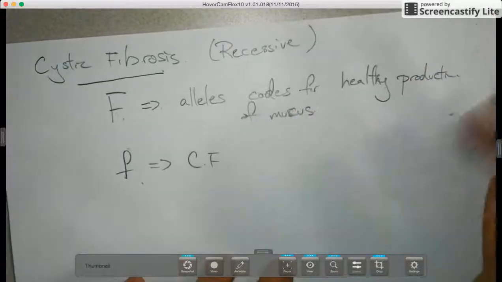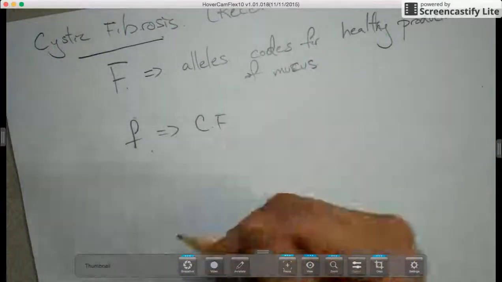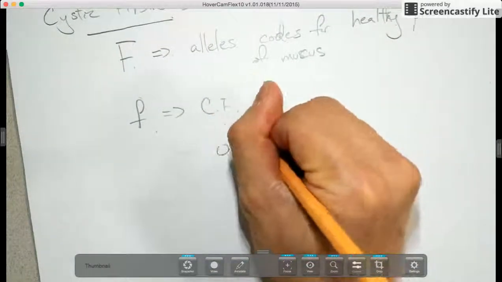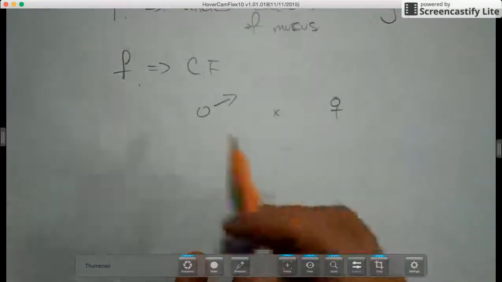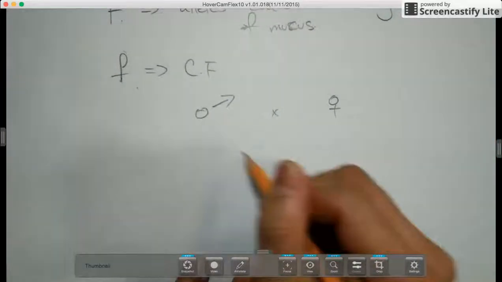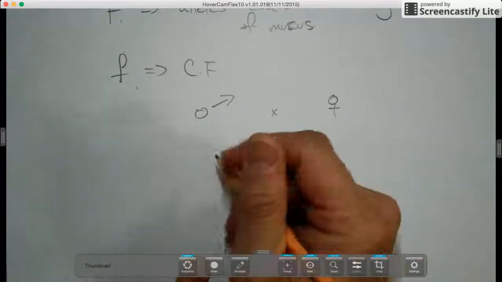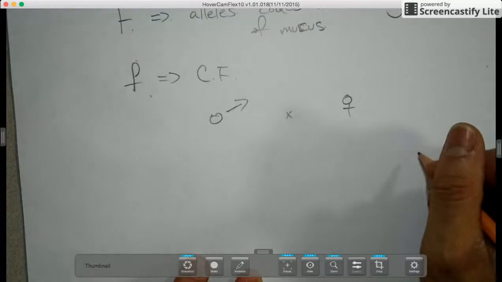So in this case, let's just say a mom and dad, that's how it usually works anyway. Both people can be healthy, but they might carry the allele that codes for cystic fibrosis.